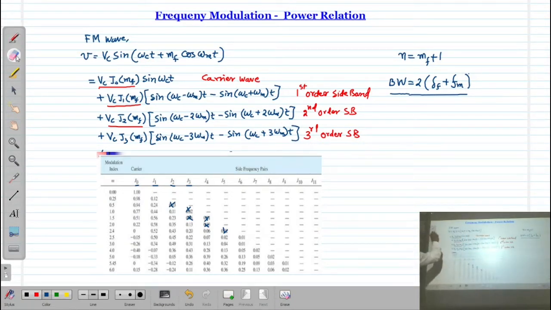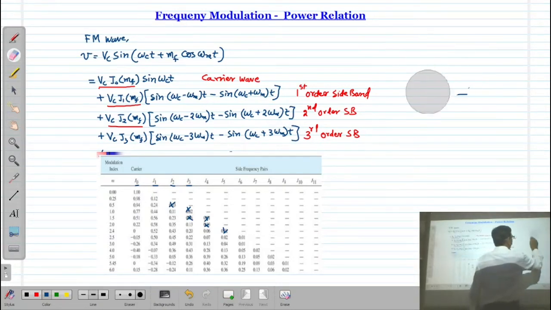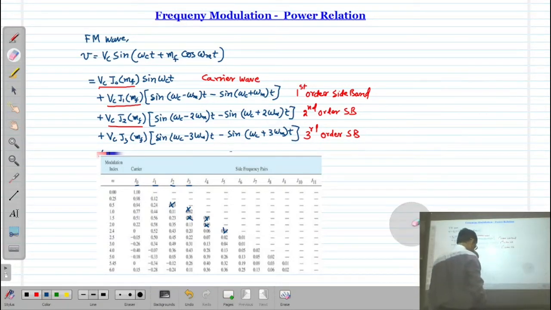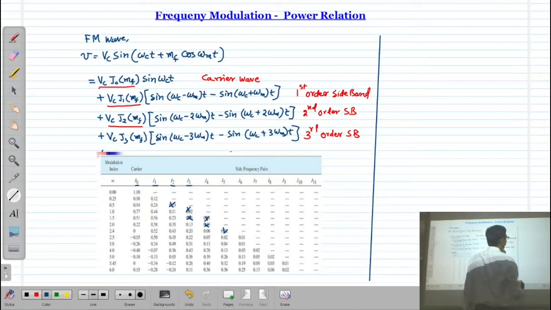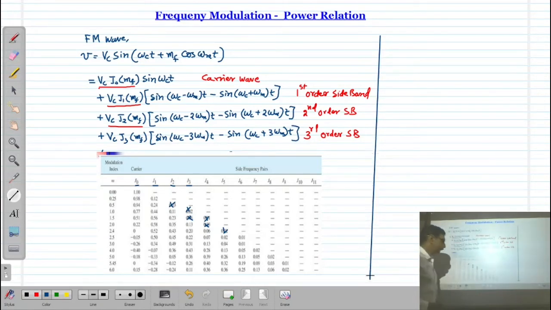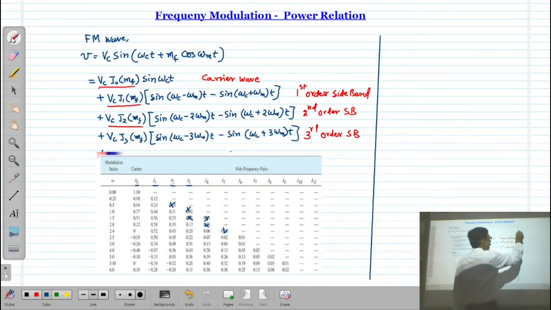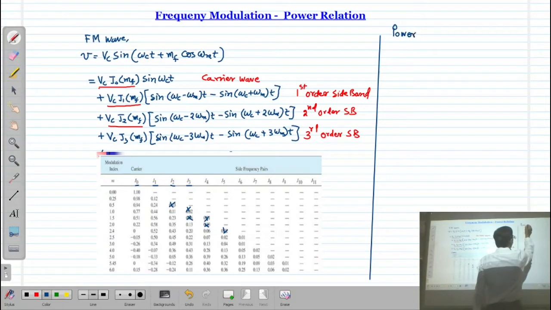If I want to write the total power after the modulation, here we can write the power of the FM wave as PT, the total power.